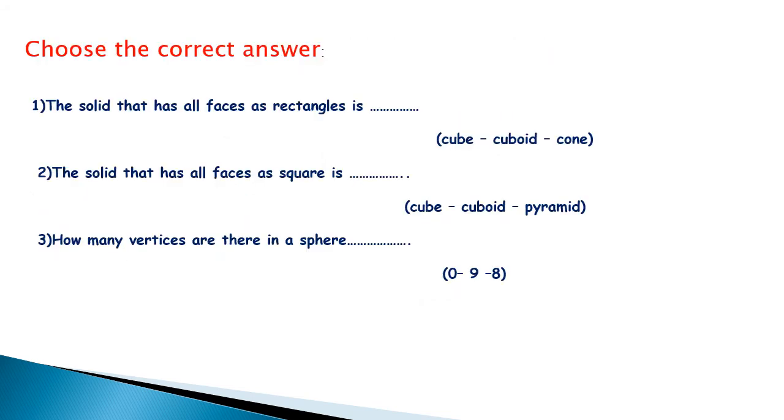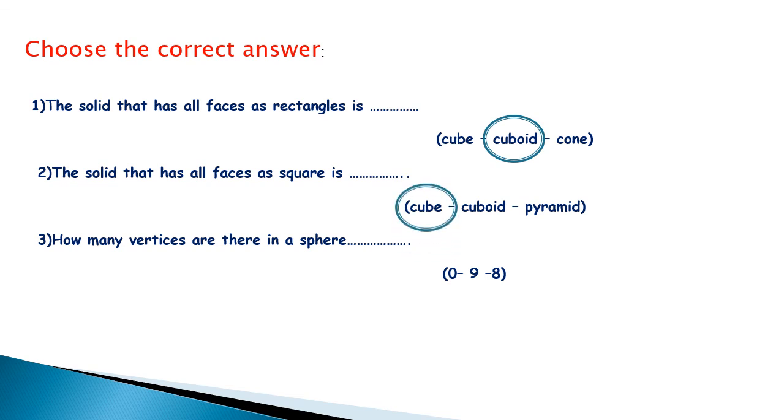Choose the correct answer. Number 1: the solid that has all faces as a rectangle is what? Which solid has all its faces like a rectangle? Yes, it's a cuboid. Number 2: the solid that has all its faces like a square.